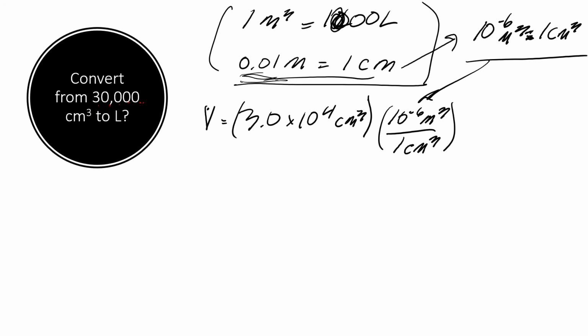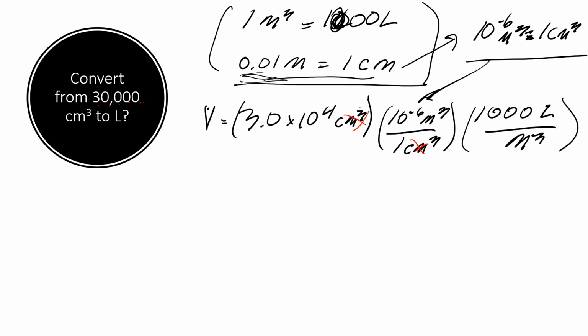Centimeters cubed, centimeters cubed cancel. So now we're just in meters cubed. And we know 1 meter cubed equals 1,000 liters. So we're going to multiply 1,000 liters over 1 cubic meter.